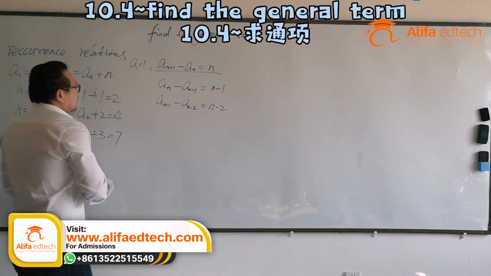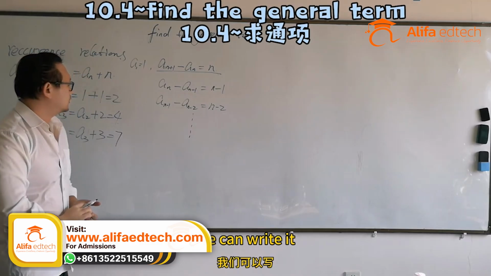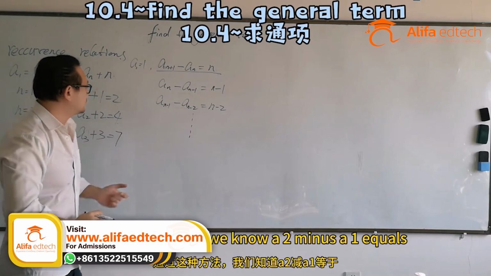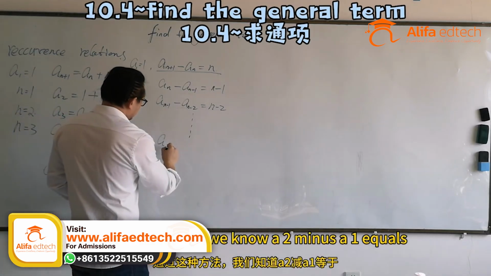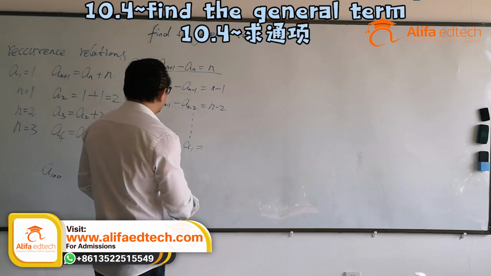So we can write it by this method. So we know a2 minus a1 equals 1.